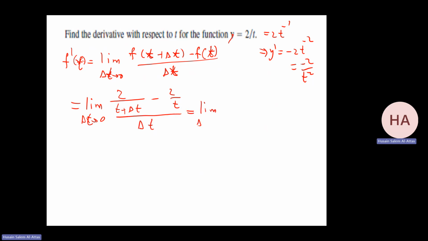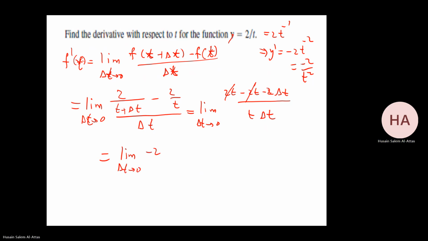Now do the calculation. It will be 2t minus 2t minus 2 delta t over t delta t. Cancelled. Also, you can cancel delta t. Don't rush it. Minus 2. Did I miss anything? Sorry.